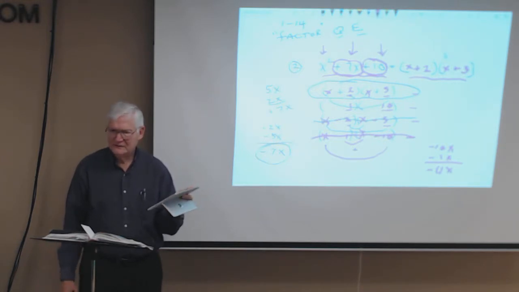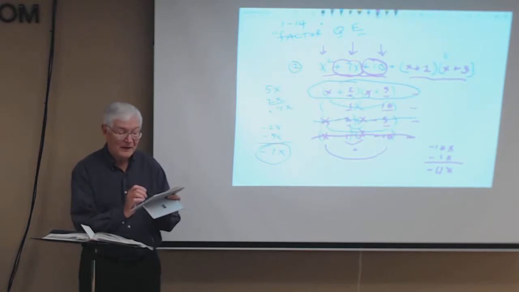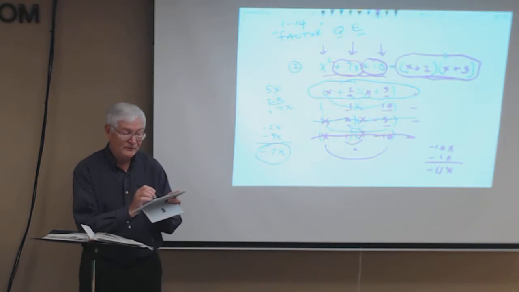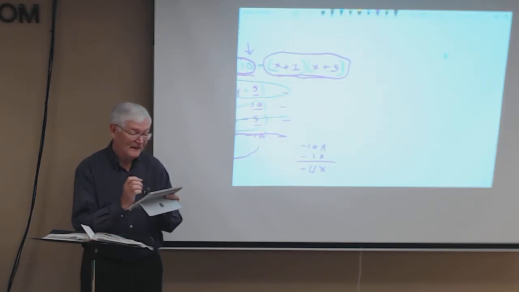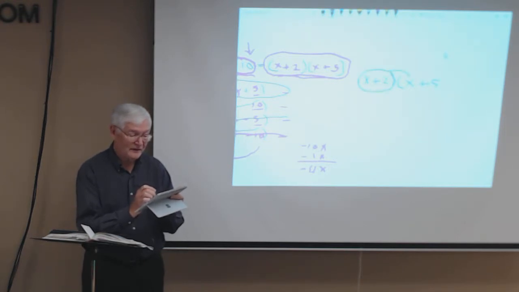Does that make sense? If I multiply these two things right here together, it produces this answer. Now, maybe some of you are saying, I don't see that. Okay, let's come over here and let's just do this for fun. Let's change colors here. Let's go x plus 2 times x plus 5. Let's take this whole thing here and multiply it times each one of these. That distributive property.